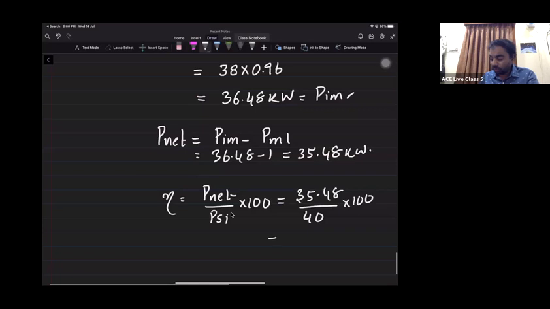How much is it? Tell me. So 88.7%. I think it is clear. Those who gave 88.7 are correct, right? Other people, please try to rectify that. So this is the question.